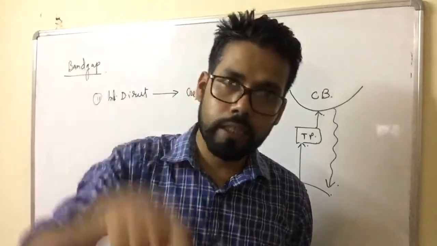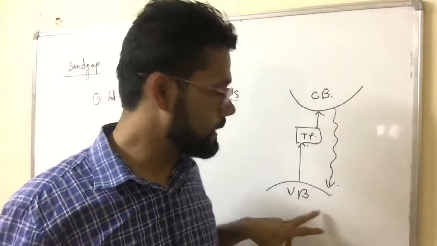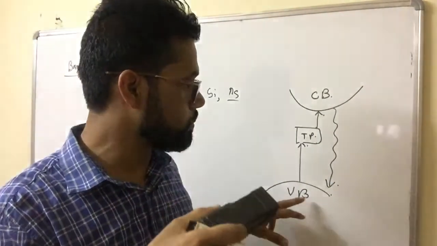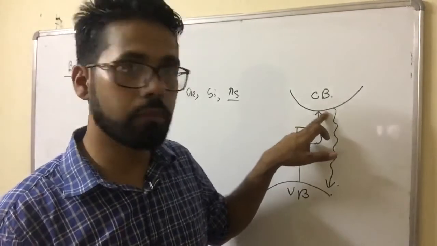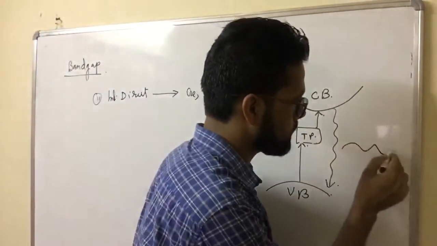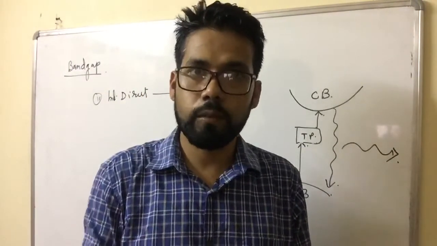To minimize, you have to lose energy. When we heat the semiconductor, the electron moves from here to the trap center and then the conduction band. After a short time, it goes back to the valency band, giving off radiation. Okay, it will radiate energy.